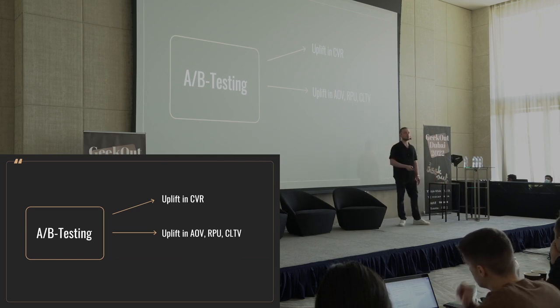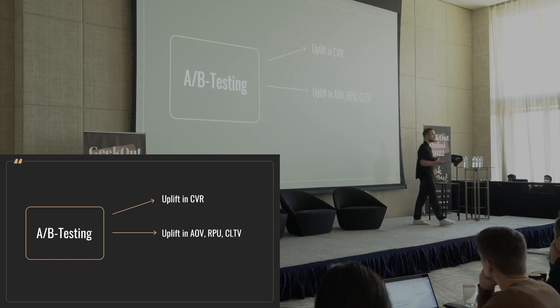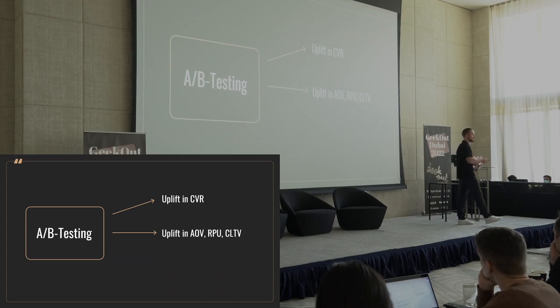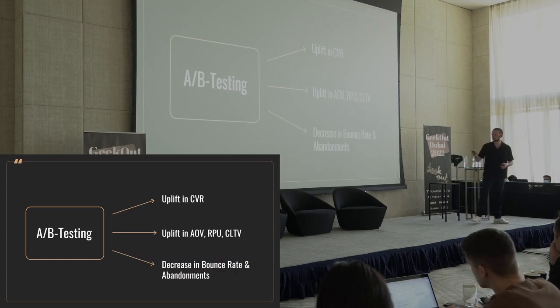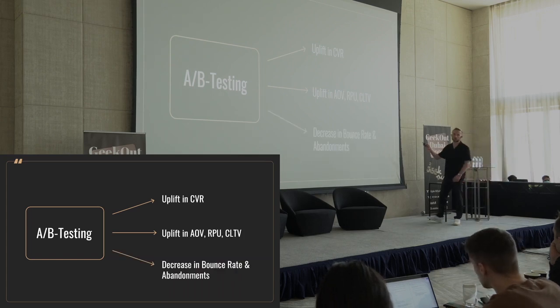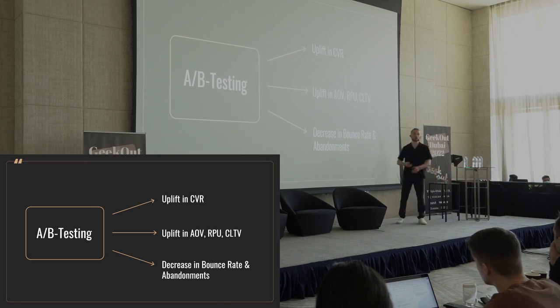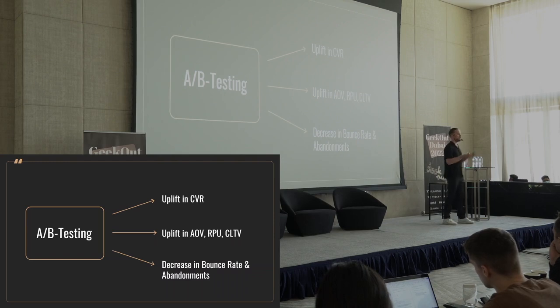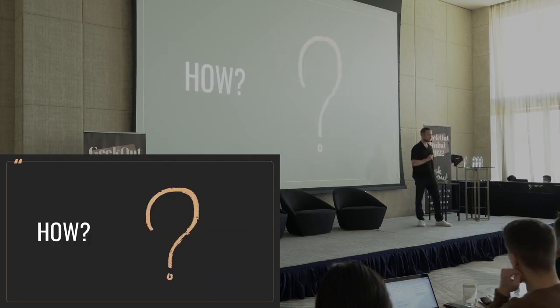But it's not only about uplifting certain KPIs, it's also about decreasing certain KPIs. So you can also decrease your bounce rate. You can decrease cart abandonments or checkout abandonments. So with A/B testing, you can literally improve every single KPI that you have on your online store.